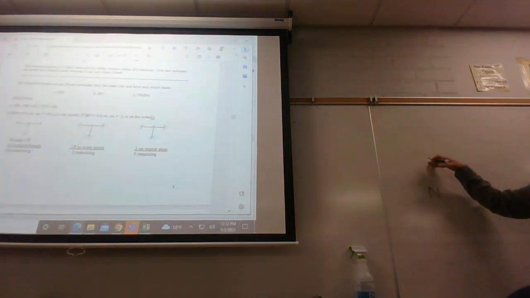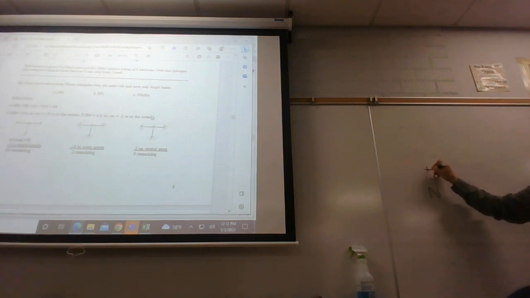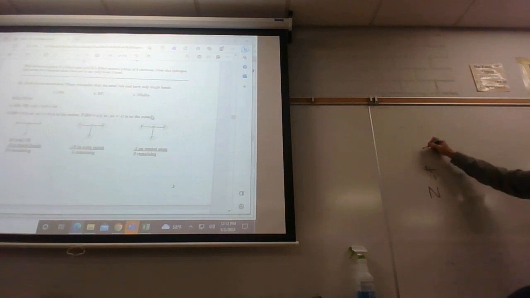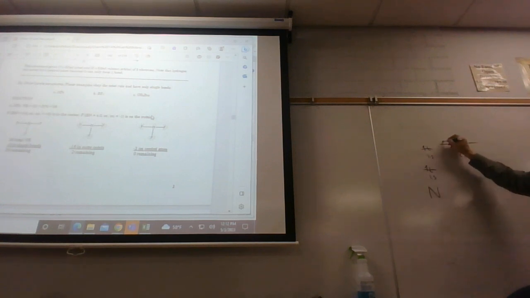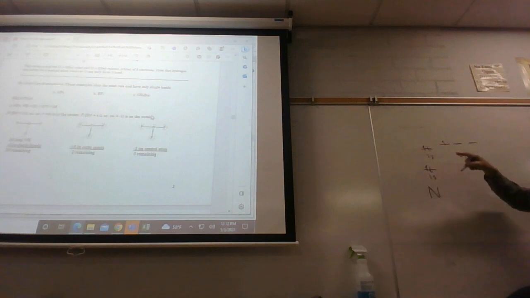So if we draw the whole thing, which orbital do we start with? 1s, and there's going to be 2. And then we're going to go to 2s, and there's going to be 2. And then 2p. So we need 5 electrons in the outer shell. The outer shell is the second period here. So that's 1, 2, 3, 4, 5.